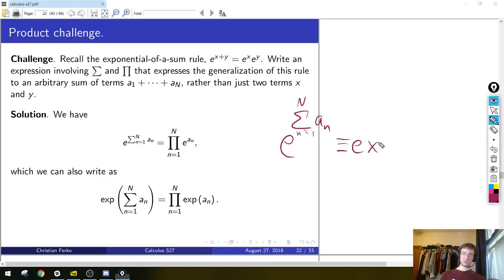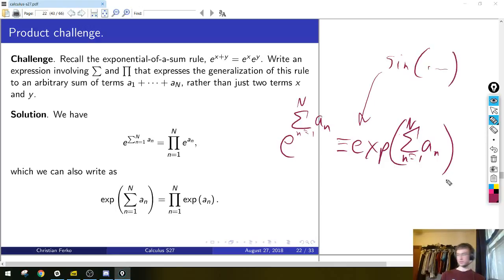If you write exp with parentheses of, say, the sum from n equals 1 to capital N of a sub n, it means the same thing. It just means e to the power of this junk. But it's easier if you're writing something huge to not have to put this in a subscript. You just put it in the parentheses of some argument. It's just like writing sine of stuff, right? You just use this because it gives you more space. Not a very important comment. In case you are confused by this, I want to flag that piece of notation.